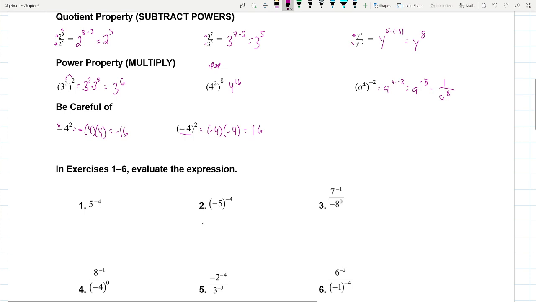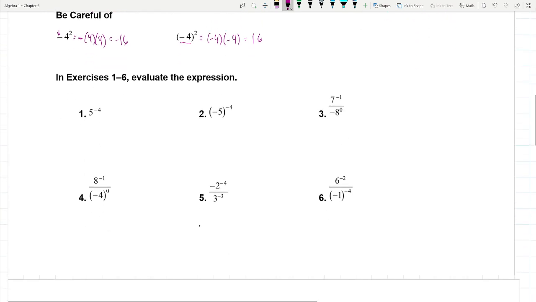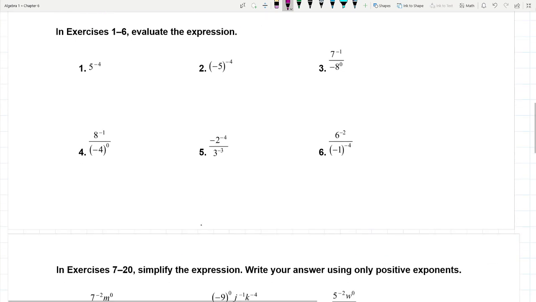All right, let's do a little bit of practice with this. Evaluate tells me that I should have some type of number answer. And so I start off with 5 to the negative 4th.